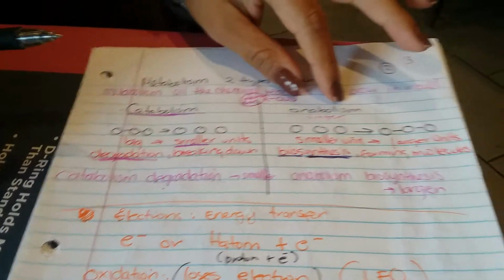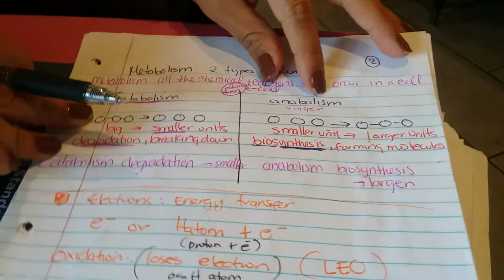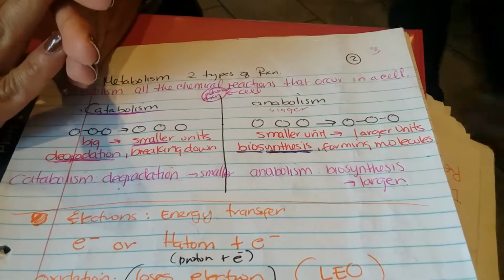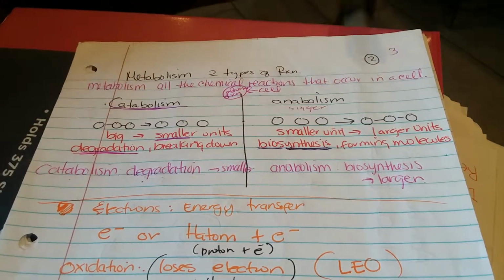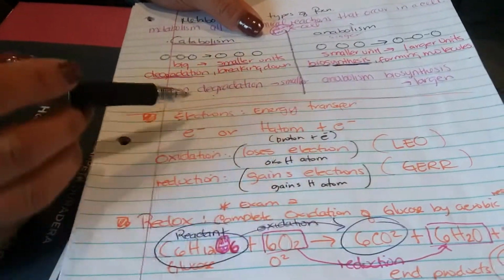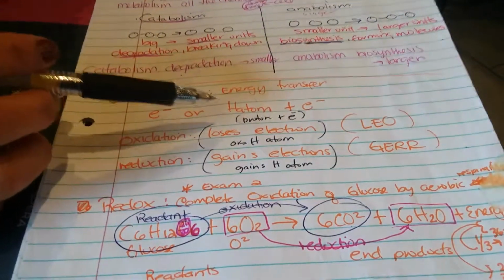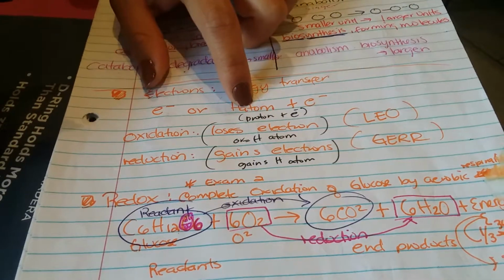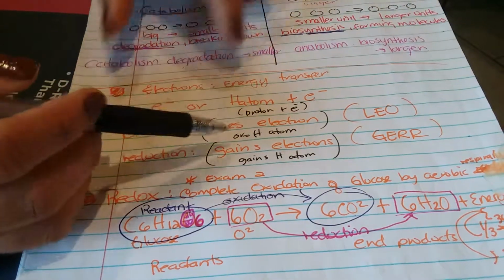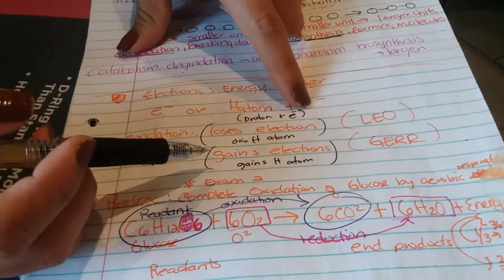Anabolism means biosynthesis, which is going from a small molecule to a larger molecule. And this is what I was saying about the hydrogen atoms. When they talk about hydrogen ions, you can call them protons because hydrogen has a plus, or you can call them electrons.